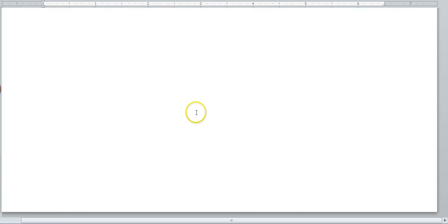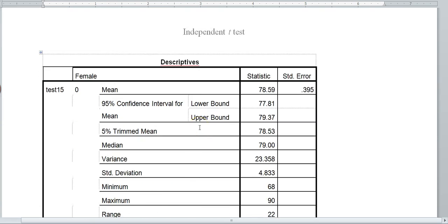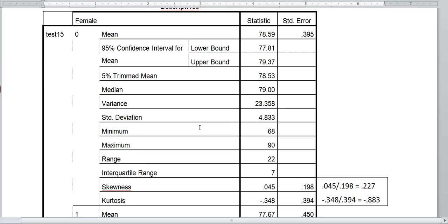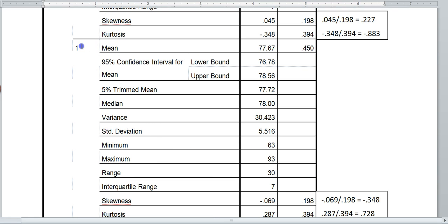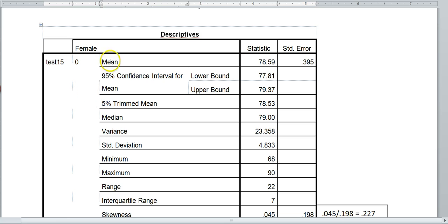Okay, so now that you have that and you've run that, you'll get descriptives, but instead of just getting descriptives for all Test 15 together with men and women, now you get it separated out. In this case, remember, my 1 is my women, and so here I have the mean and the confidence interval for women, and then here I have the mean and the confidence interval for men.